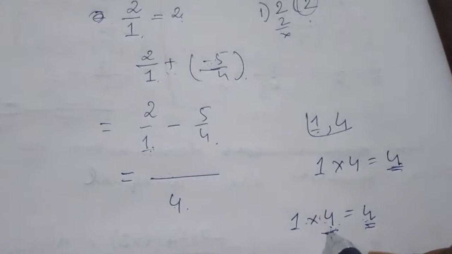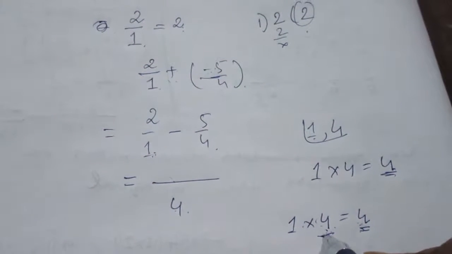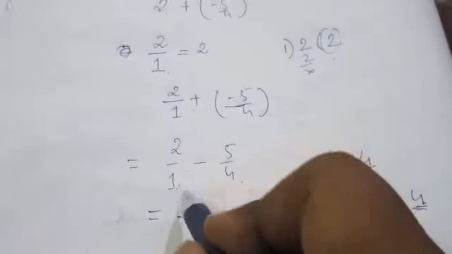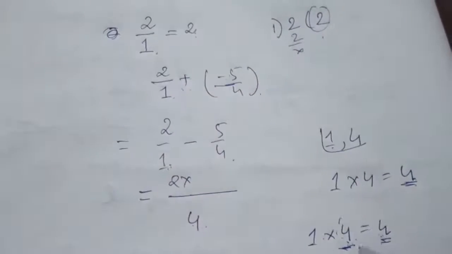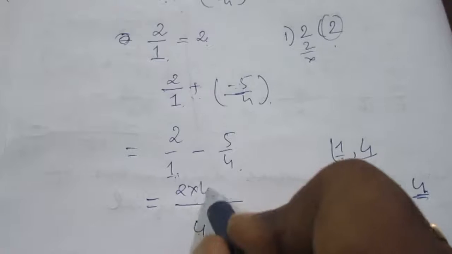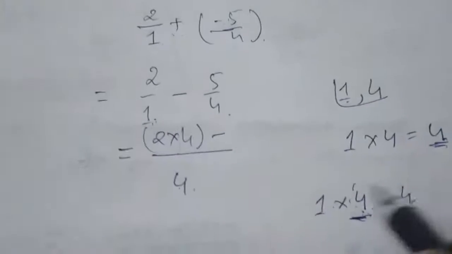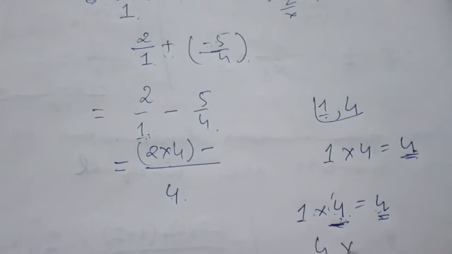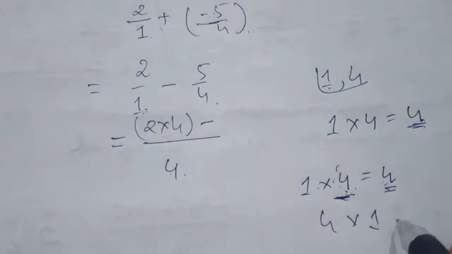So here we have to multiply the numerator. The numerator is 2, and we multiply it with this number, 4. 2 into 4 minus 4 into 1 is equal to 4.